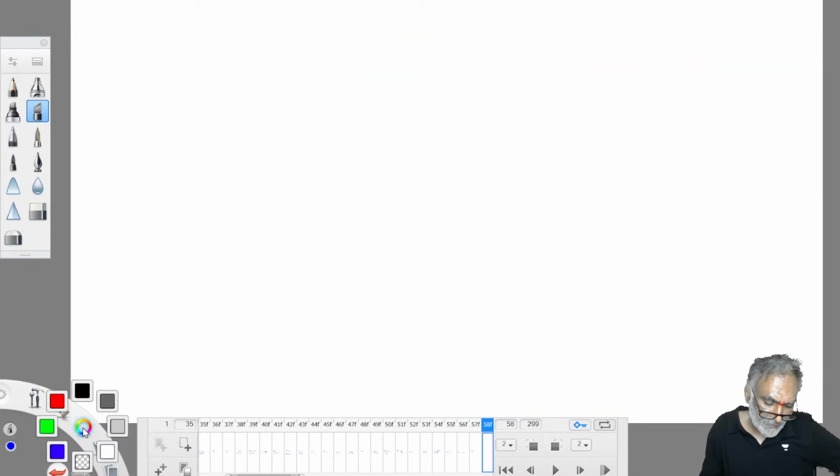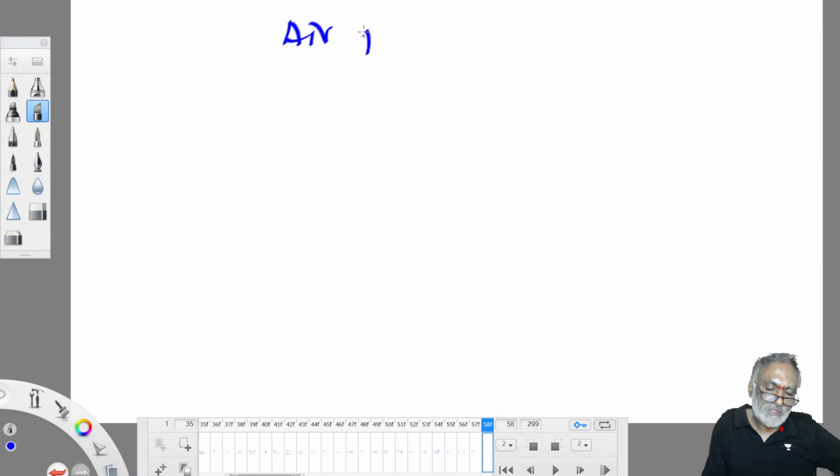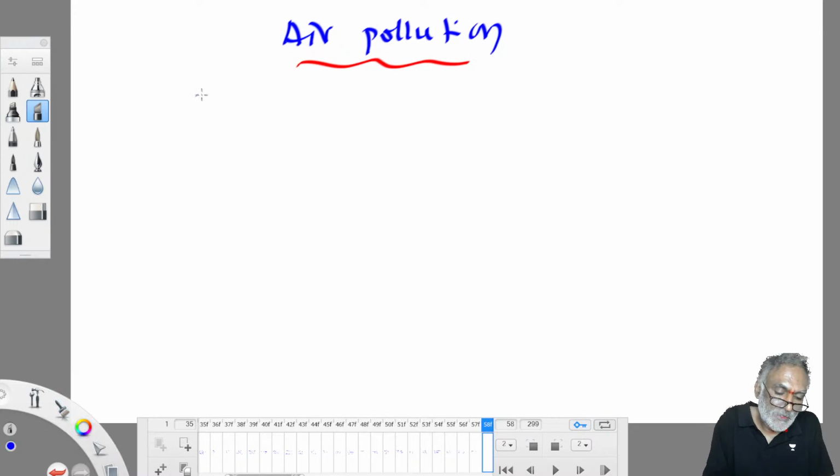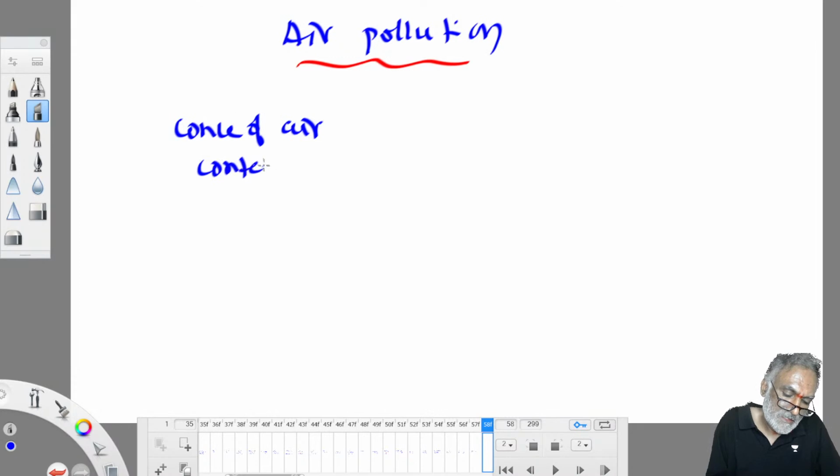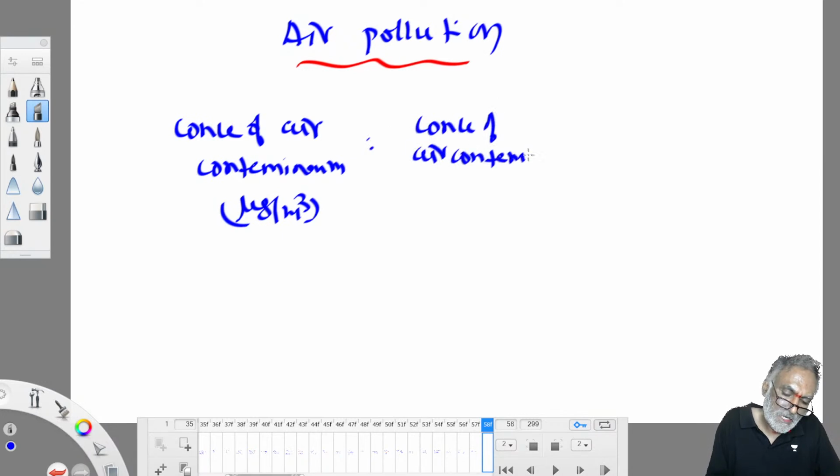Then last topic is air pollution. In air pollution, first question is changing concentration of air contaminants from microgram per meter cube to ppm, or converting concentration of air contaminant in microgram per meter cube is equal to concentration of air contaminant given in ppm.